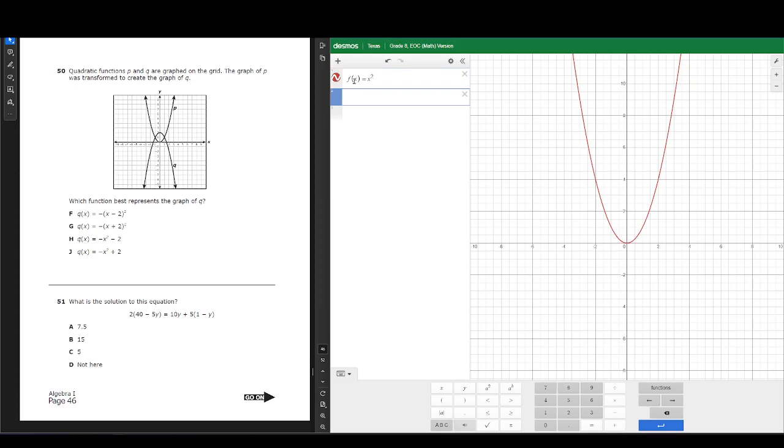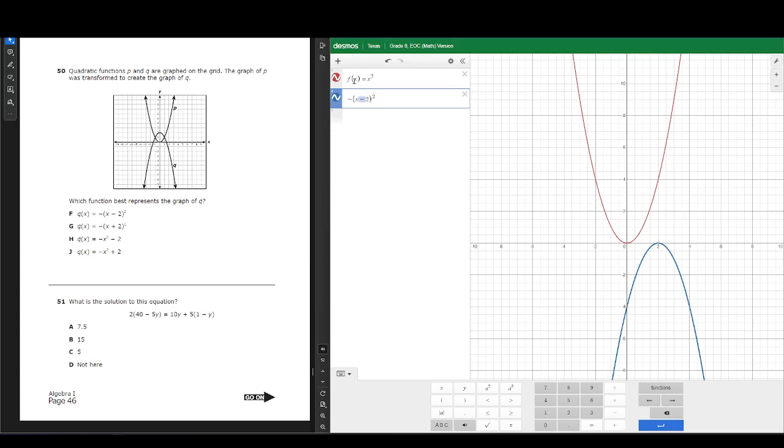Now, I can graph the other ones as transformations. So if I don't realize that it's a vertical reflection, meaning a negative out front, and a vertical shift of 2 up, meaning plus 2, then what I can do is put negative x minus 2 squared, and see that that is flipped upside down, but it's moved to the right instead of up. That's because the subtraction of 2 is in the parentheses.